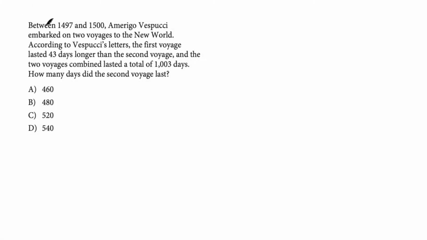Next question. Between 1497 and 1500, Amerigo Vespucci embarked on 2 voyages to the New World. According to Vespucci's letters, the first voyage lasted 43 days longer than the second voyage, and the 2 voyages combined lasted a total of, we have this word again, 1003 days. How many days did the second voyage last?